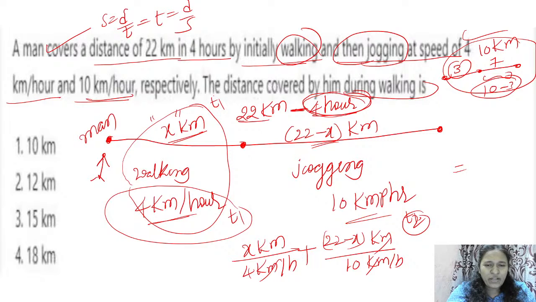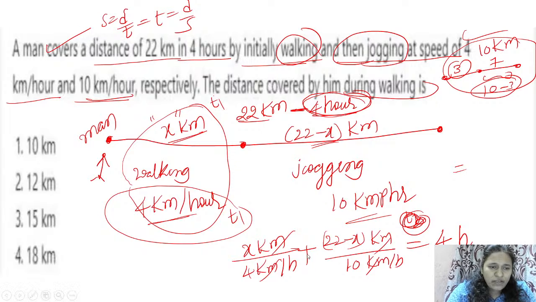That means kilometers is cancelling, and what is the total time? 4 hours. I hope you understand this equation. Then what is this? I will solve here.